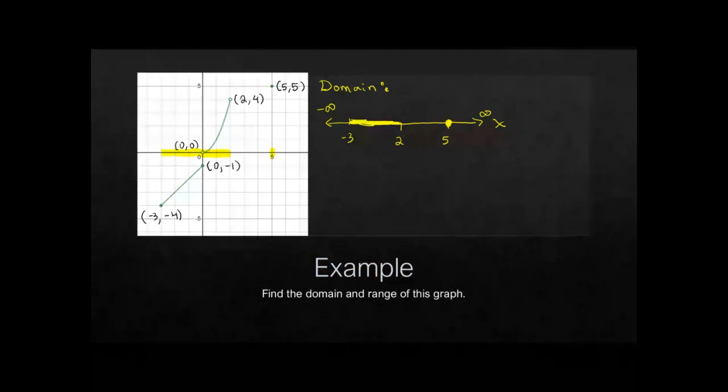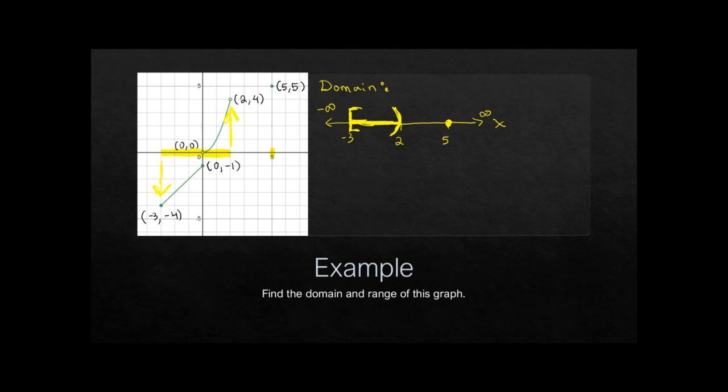Now I have to look at what the circles are. At an x value of -3, if I follow down, that is a closed circle. So that's going to be a bracket. And then at our other endpoint, if I follow up, that's an open circle, so that's going to be a parenthesis.